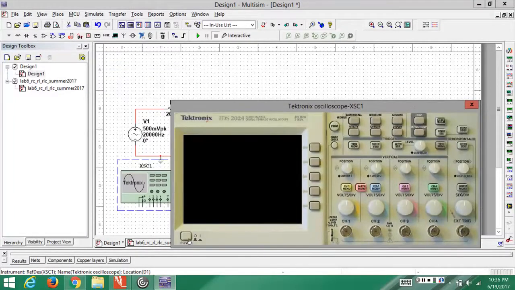You have the power button over here, and then you have the vertical positioning knob for channel 1 as well as the channel 1 menu, and the same goes for channel 2, channel 3 and channel 4.